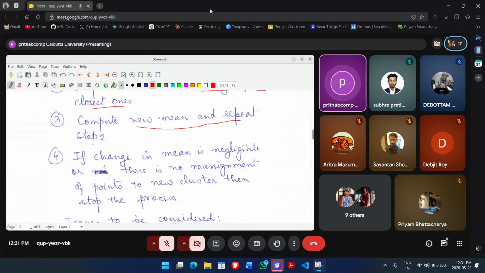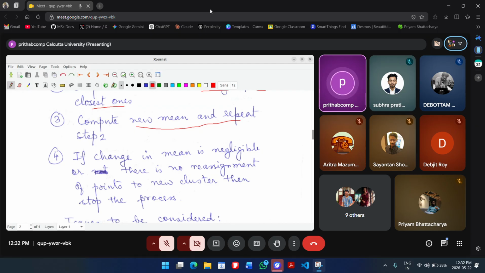What might happen is that in the first iteration a particular point may be closer to one cluster. In the next iteration, because many other points have come into a particular cluster, the mean will be shifted. Once that mean is shifted, for all the points we recalculate the distances.